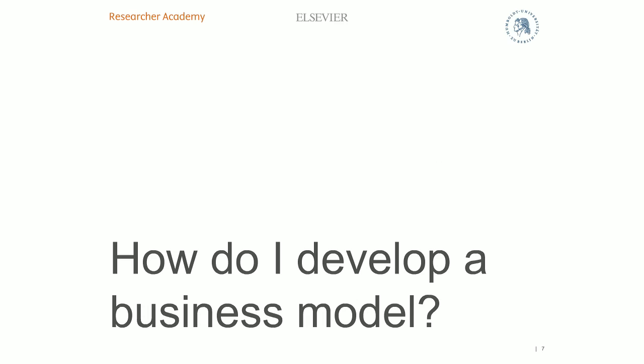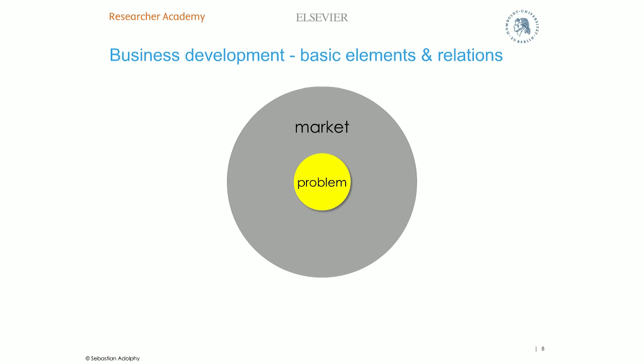The next question, if you have understood this, would be to ask, how do I develop a business model? I'm going to show you a process of the basic elements and relations, how they fit together and how they build on each other.